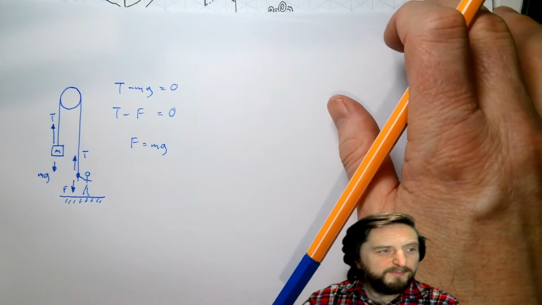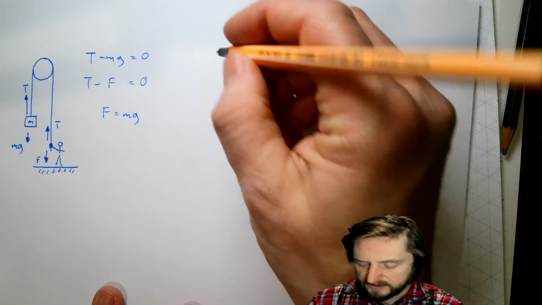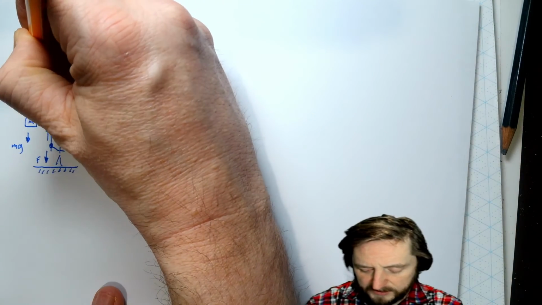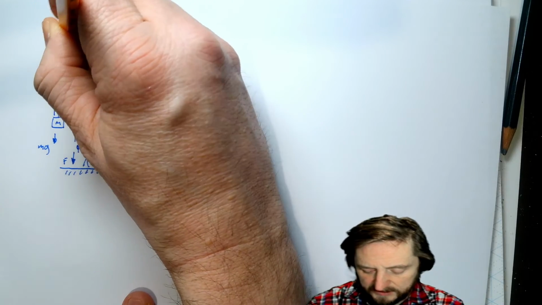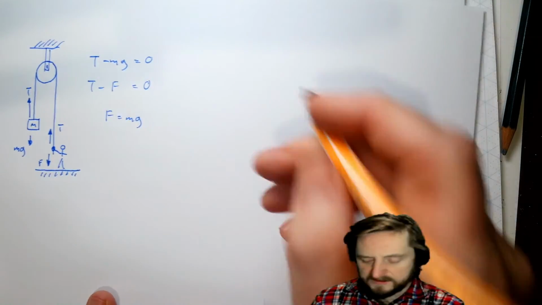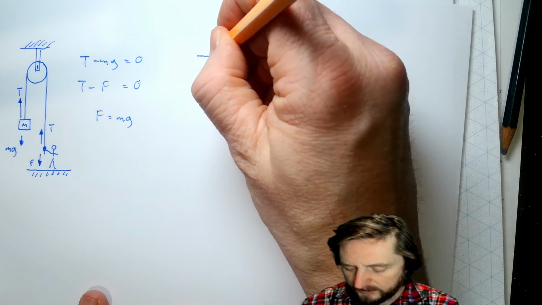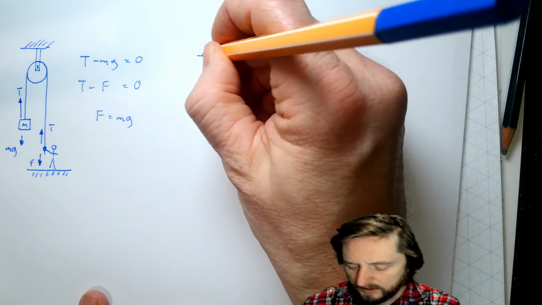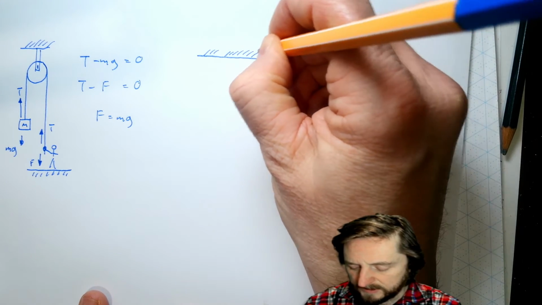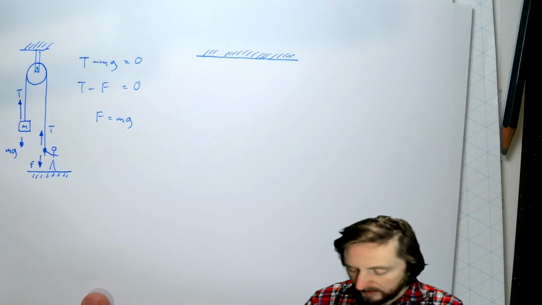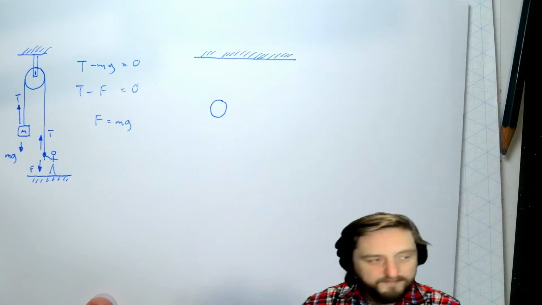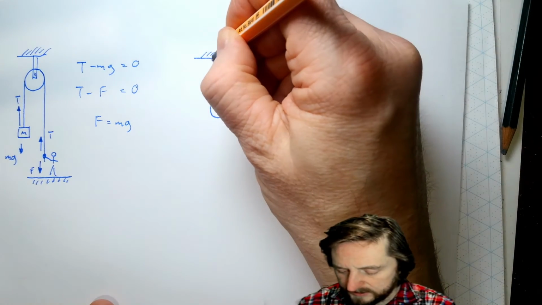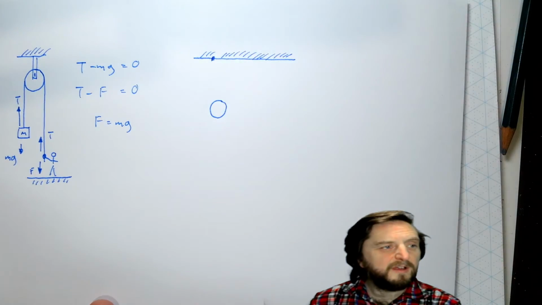However, let's make our pulley a little bit more complicated. So obviously this pulley must be attached somewhere. Maybe it's attached to the ceiling somehow. So let's make it a little more complicated. Let's take our ceiling here, and we will have a pulley like this, and we're going to attach the string to the ceiling.